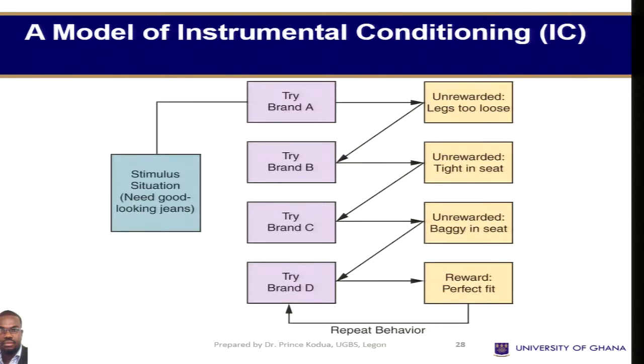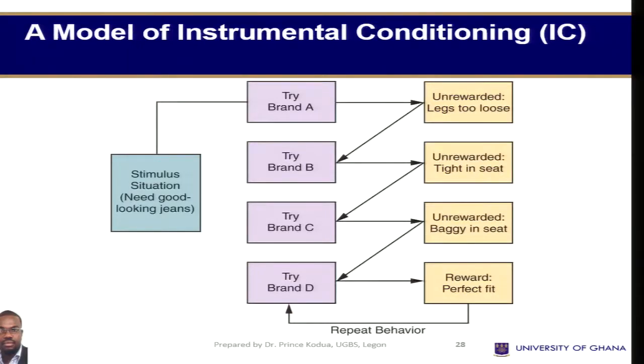On the slide, you will see a model to illustrate the trial and error process. It's simple. Somebody who is in the market to buy jeans wants one that fits well.